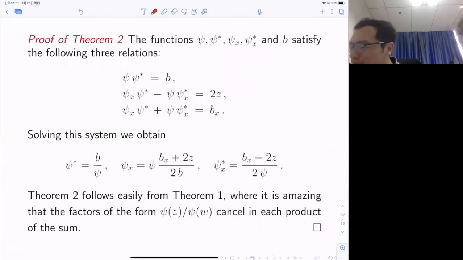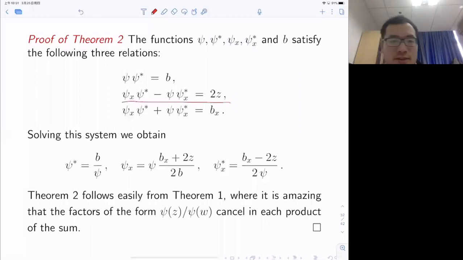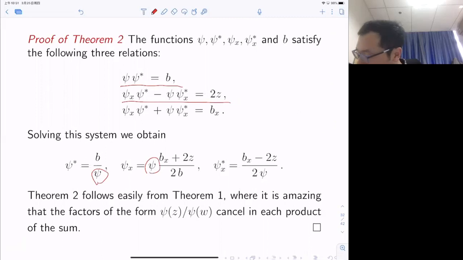We have these relations, psi star equals B, and this determinant equals Z. Then we differentiate the first equation with respect to x, and you get the third equation. From this equation, you can eliminate psi star, psi x, and psi x star, psi star x, and then everything is in terms of psi. So you see, from this you solve in this way. There are always non-local objects, right? Psi.